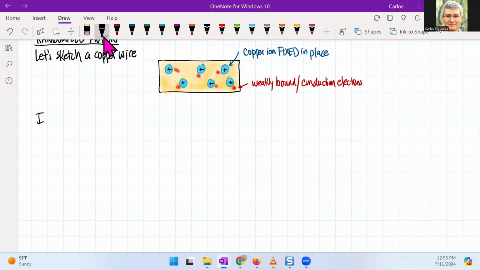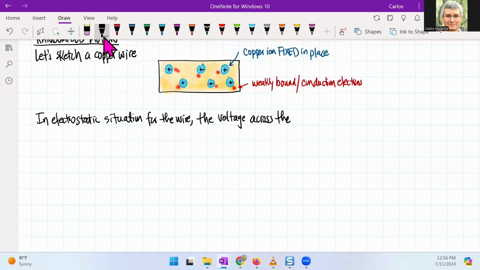So in an electrostatics situation, for the wire, the voltage across the wire is 0 everywhere.